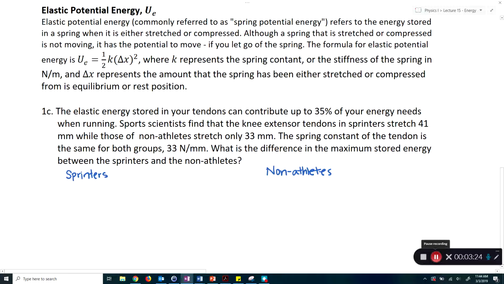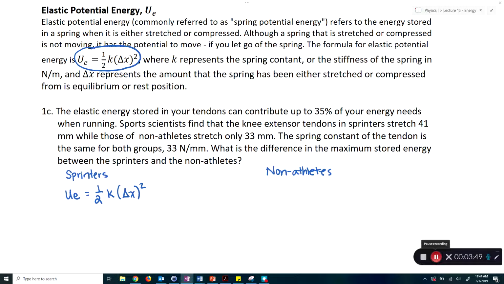All right, so elastic potential energy, the equation is over here. Again, U is for potential, E is elastic. So elastic potential energy is equal to 1/2 k, which is the spring constant, delta x squared. Now the delta x is the amount that the spring has either been stretched or compressed compared to its original equilibrium position.